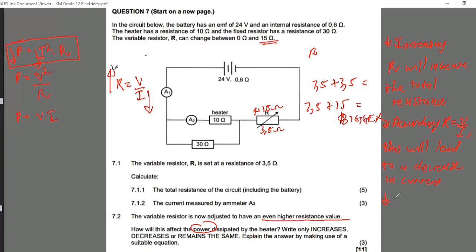So according to P is equal to I squared times R, the power will decrease. So the power dissipated will decrease because current has also decreased, right? So that's your 3 marks.